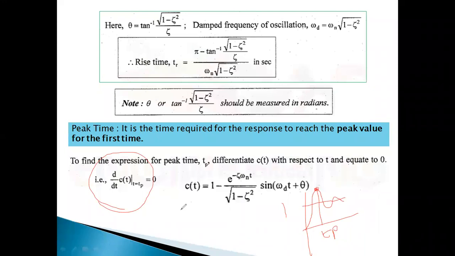At d by dt of c of t at t is equal to tp is equal to 0. We know the response c of t for a standard second order system is the given formula. This is the standard second order system response. At t is equal to tp, if we substitute t is equal to tp, then d by dt of c of tp is equal to 0.